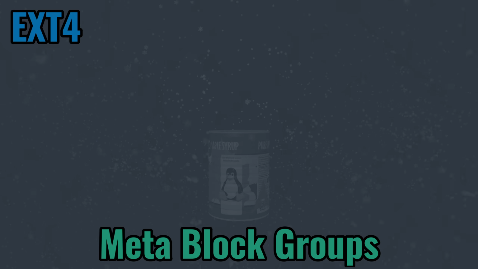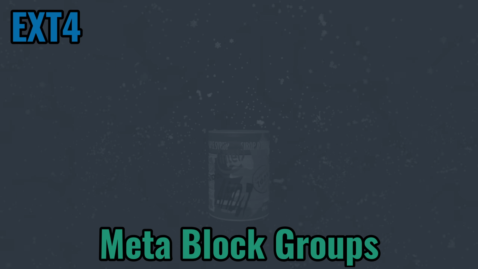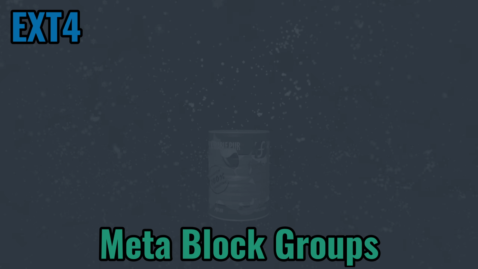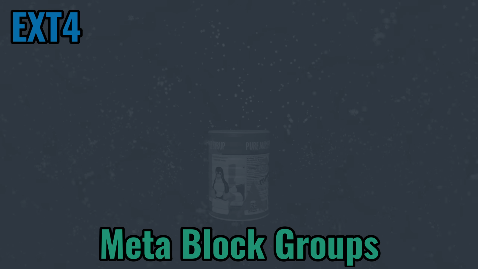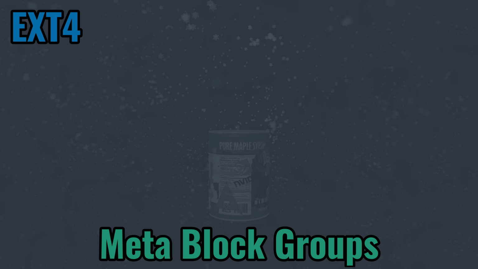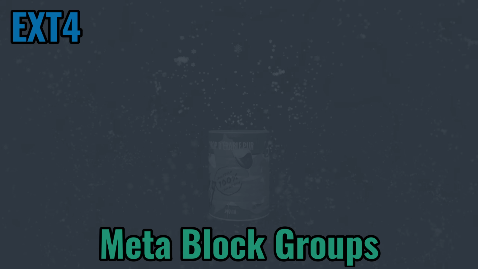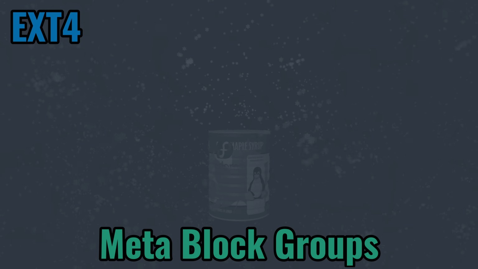Now, meta block group are probably the most complex one that we will talk about today. I'll try to make it as simple as possible. But there is a problem with the standard block group descriptor table: it cannot be bigger than one block group. That also gives us a big limit for our file system, because we need to fit all our block group descriptor entries inside of one block group, being 128 megabytes.